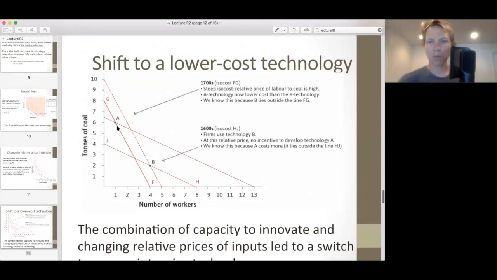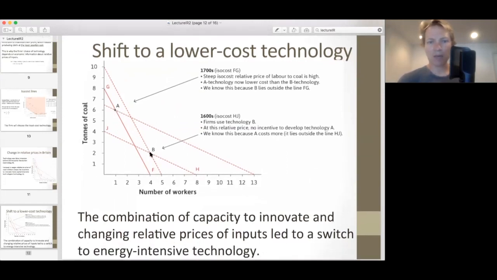And so there's basically an incentive once I get these higher wages. Once those wages go up, now B is more expensive than A. We can see that this ISO cost line is further out than this one, so it's more expensive. So before, A was more expensive than B. Now, after the increase in the price of workers, A is less expensive than B, so I have the incentive to switch to A.